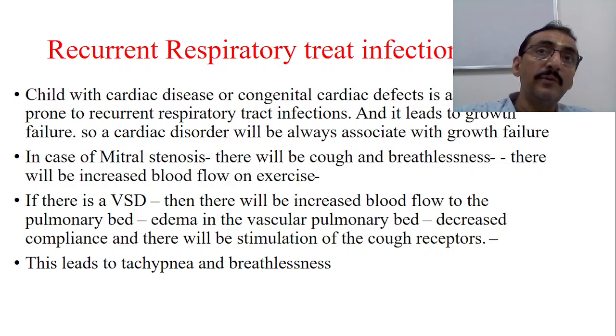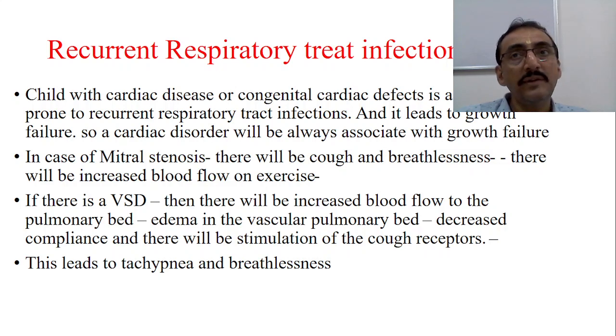But when this continues, that means the baby is continuously receiving an extra amount of blood to the lung, which is not required, because of the shunt defect. The lung is overflooded with edema, and as a result, the mucus secretions do not get cleared, and the blood is also stagnated there. Stagnated blood always acts as a culture media. And because of the decreased compliance, the lung secretions, mucus secretions, etc., are also not cleared, and that again gives a shelter for infection.